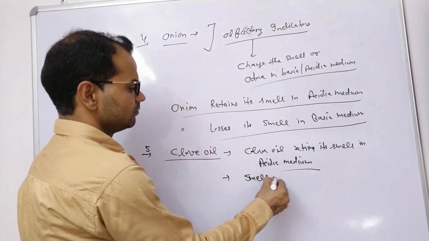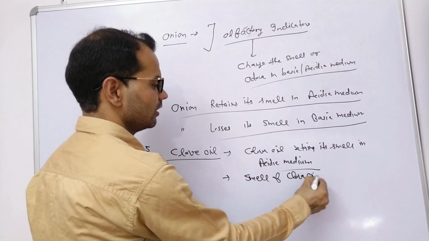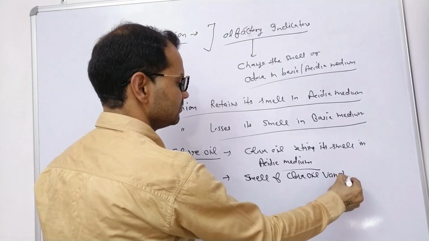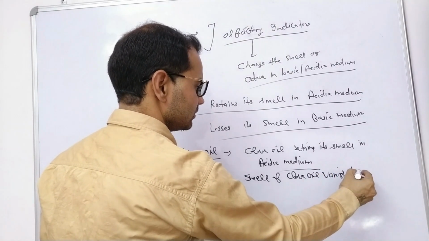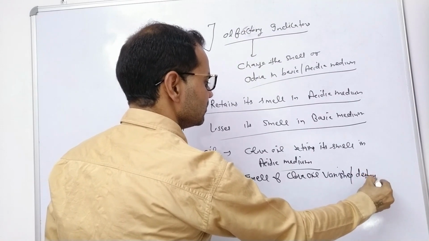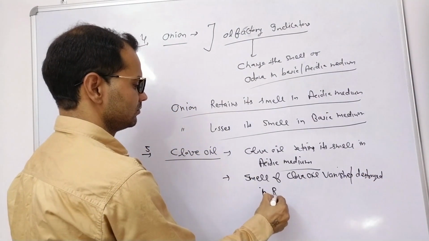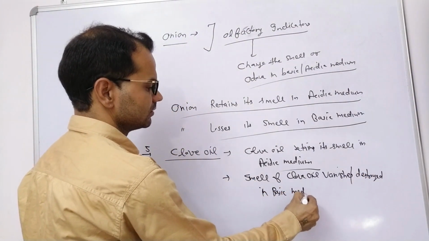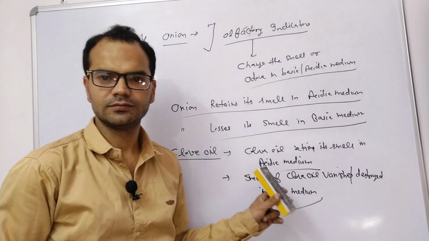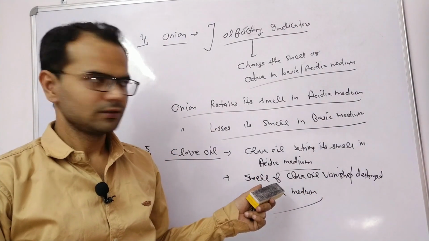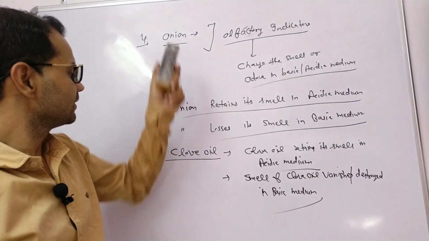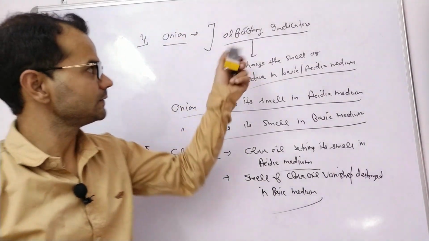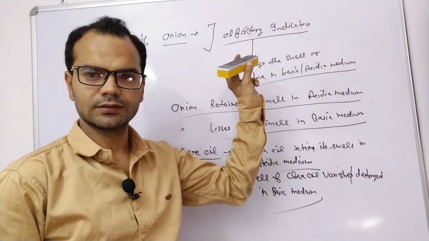The smell of clove oil vanishes or is destroyed in basic medium. Easy. So onion and clove oil, both are olfactory indicators.